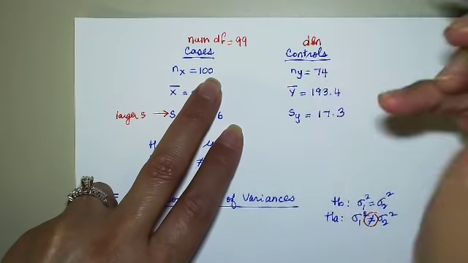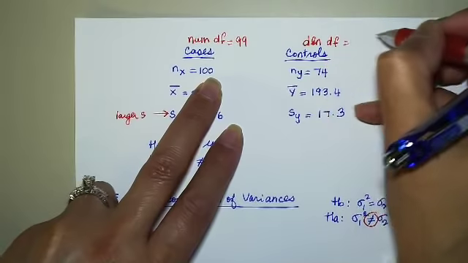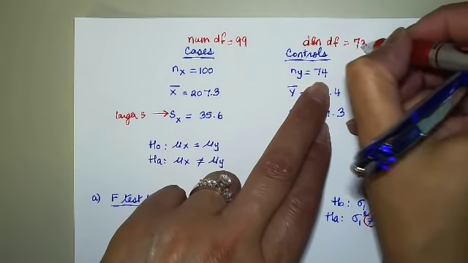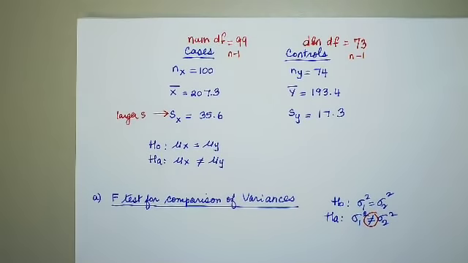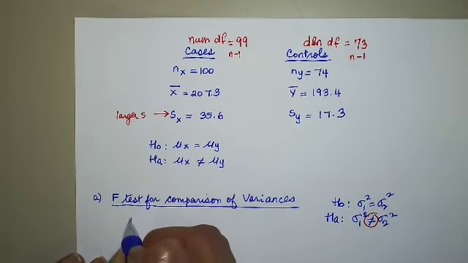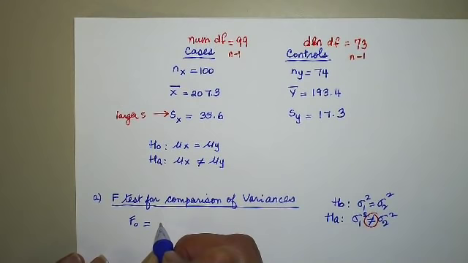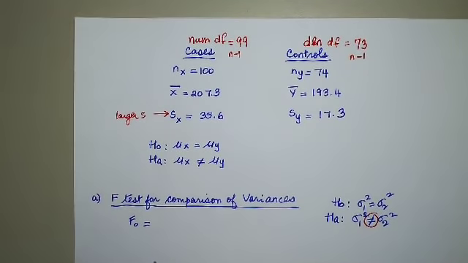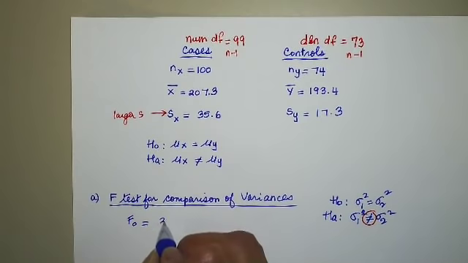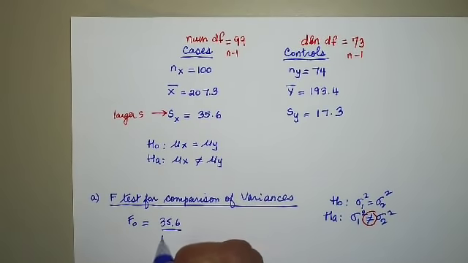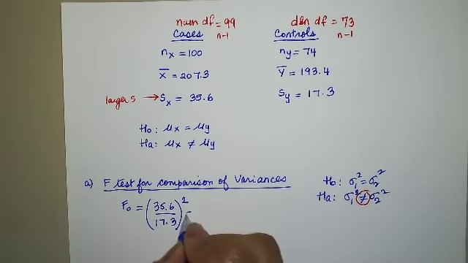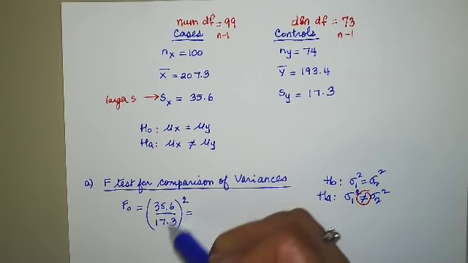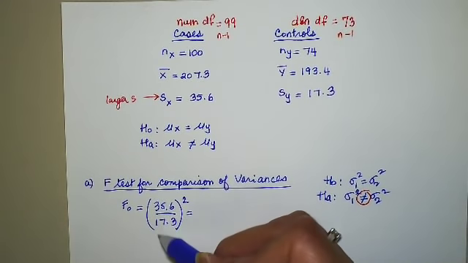The numerator degrees of freedom are n minus 1, which is 99. And the denominator degrees of freedom are this n minus 1, which is 73. So F naught is equal to S squared, 35.6 over 17.3, each of them squared.